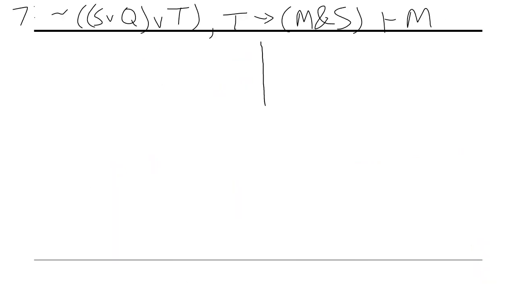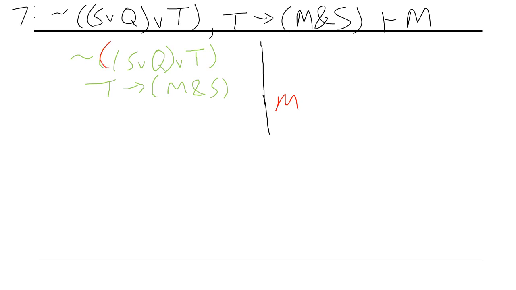So let's just do the same thing as we've been doing before. Put our premises here on this side. T, S, M. Starting with the first one, it's just got a main operator as a tilde. It's operating on this whole thing.